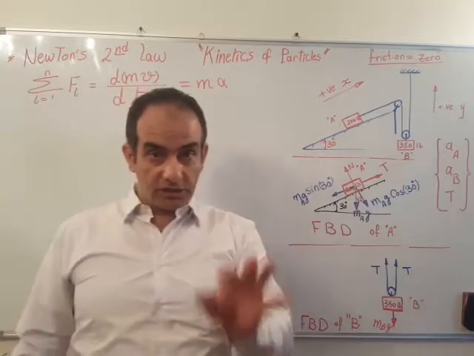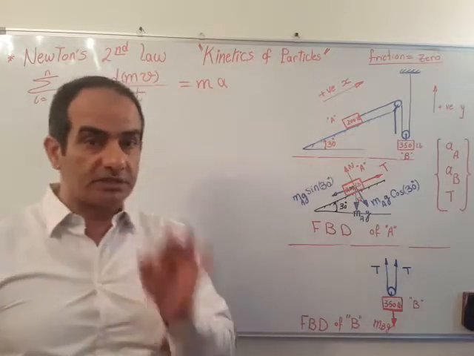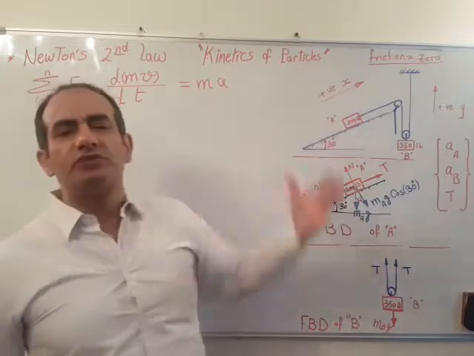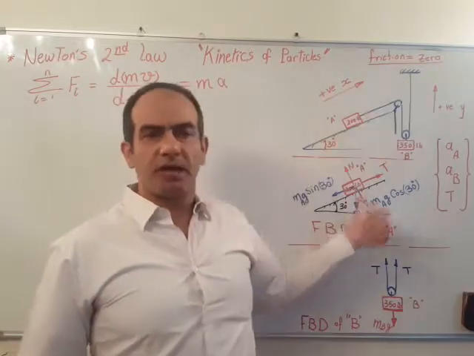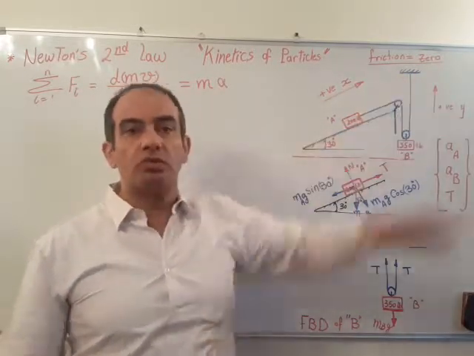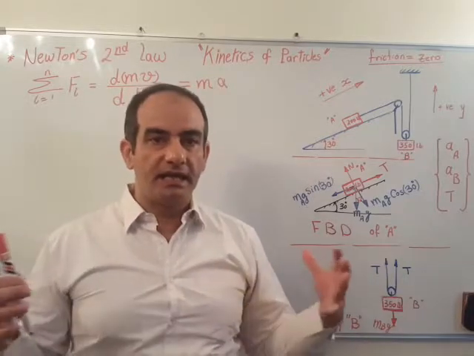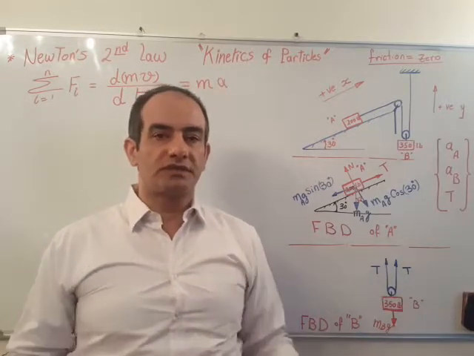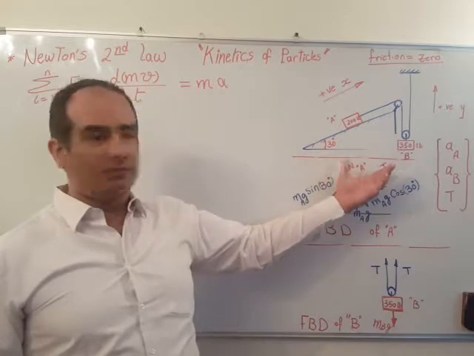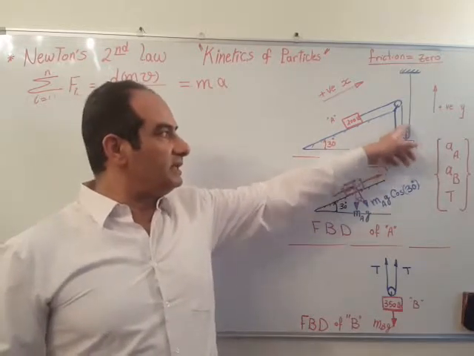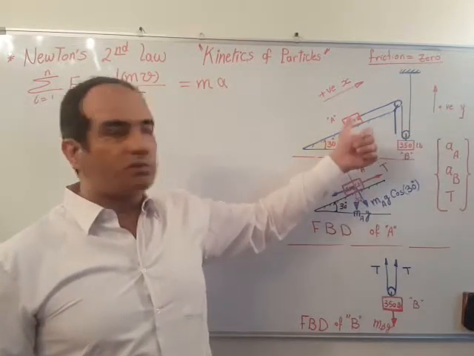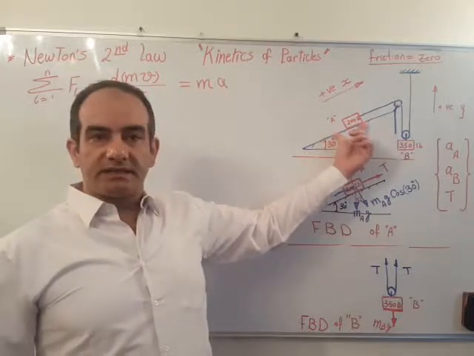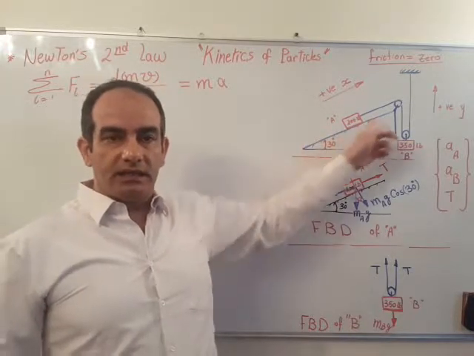There is an important assumption in this problem: there is no friction. The friction in this problem is zero. So we do not have any friction forces between the string and the pulleys, or between mass A and the inclined surface.